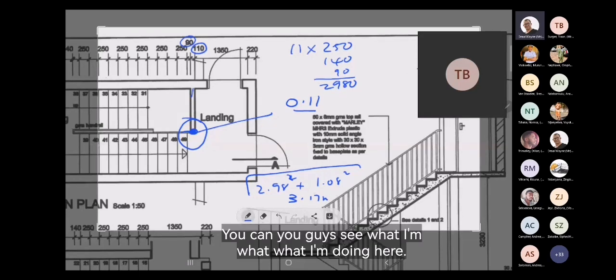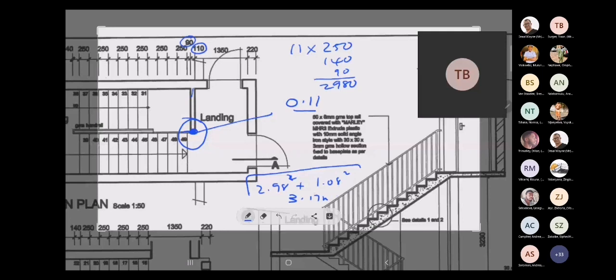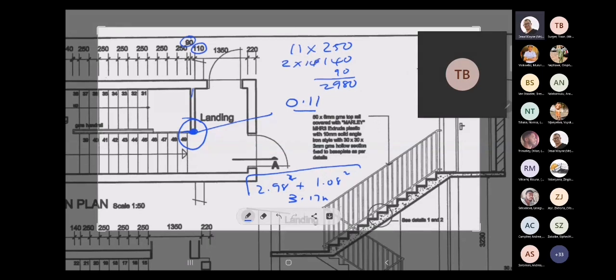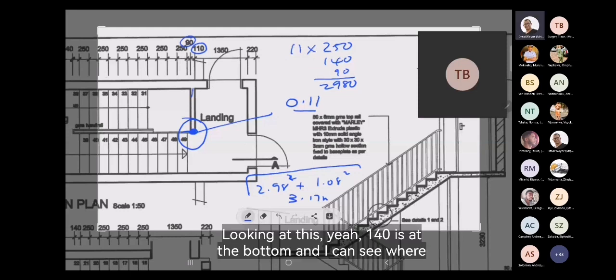Can you guys see what I'm doing here? If you can remember, when I measured the length, I said 2 by 140. But looking at this here, 140 is at the bottom, and I can see where my staircase stops.